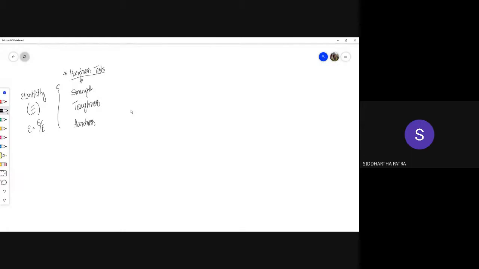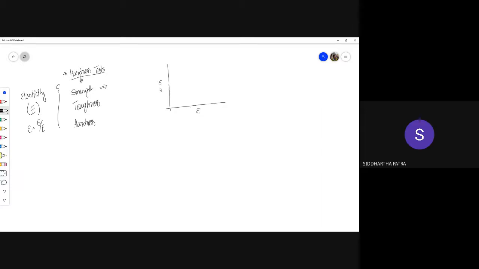Now to start with, what is strength? We have already discussed the strength of a material in the tensile test experiment. Actually, any of these properties can be shown in the stress strain diagram.